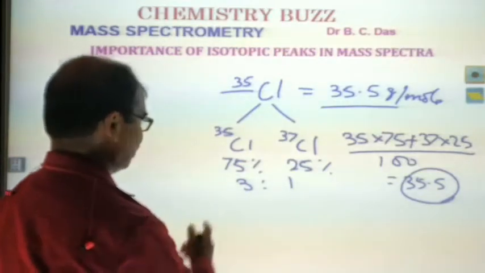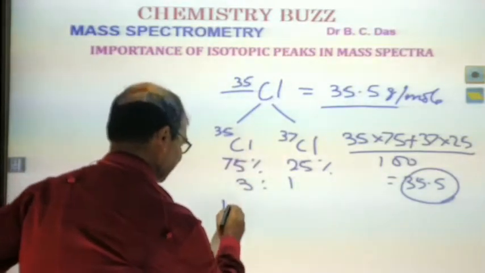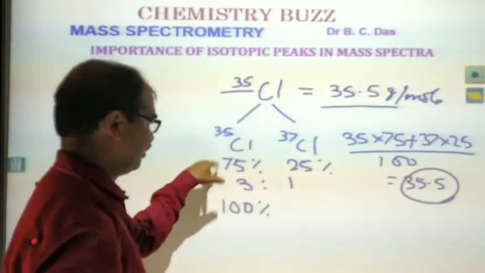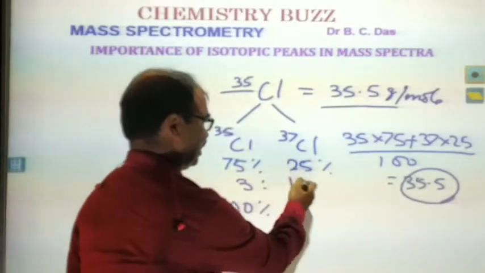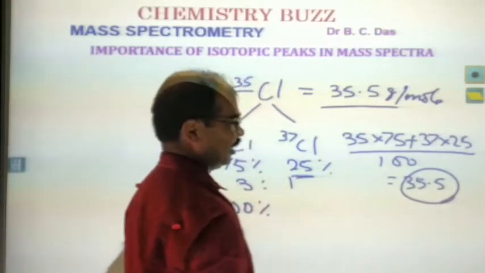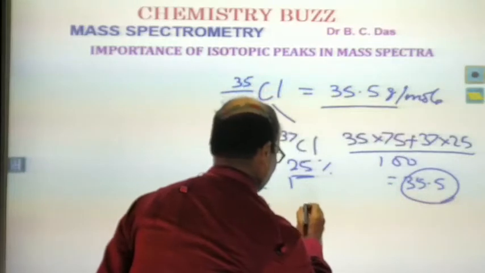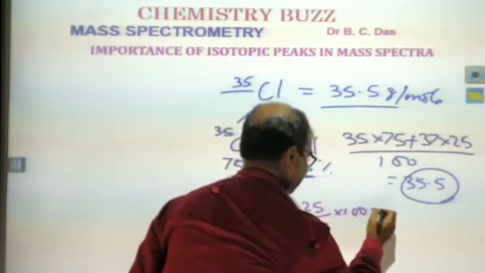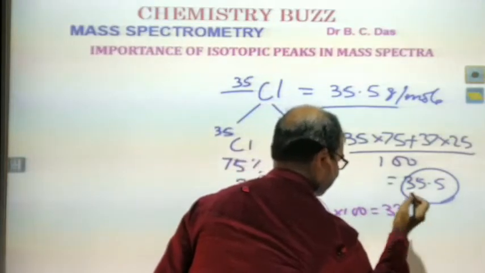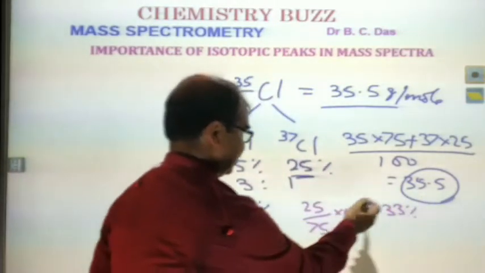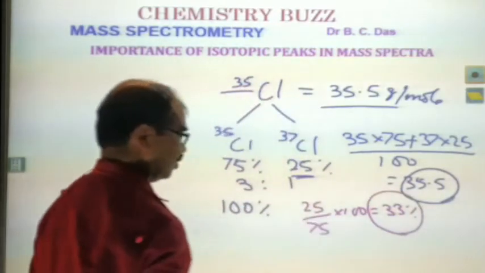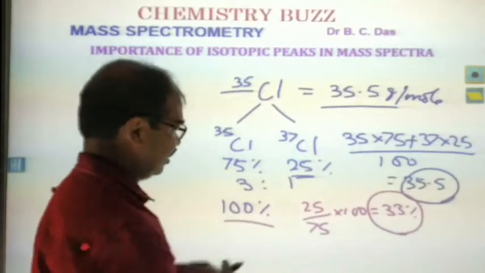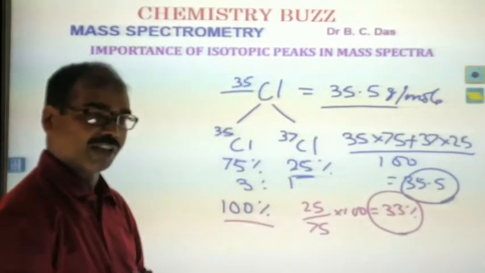When we consider relative abundance, the most abundant isotope is taken as 100%. That means this 75% becomes 100%. So the 25% will become how much? 25 by 75 into 100, that is 33%. This is the relative abundance of chlorine 37, and this is how relative abundance is calculated from natural abundance.